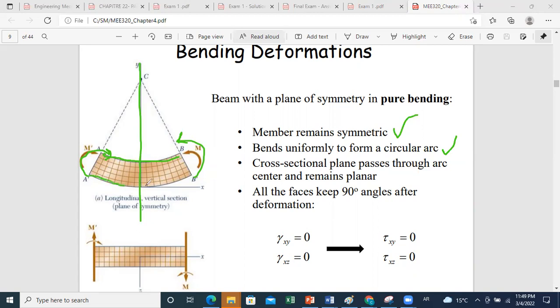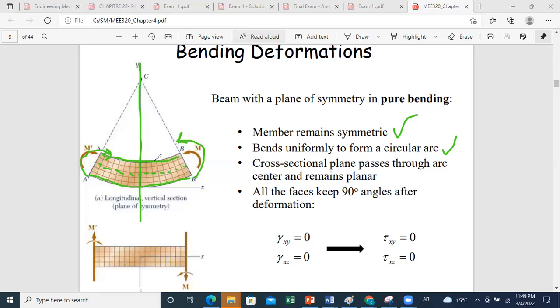This is why the upper part here will be reduced in length, and the lower part will increase in length. And we'll see together that at a certain stage, we have a certain part for which the length will not be affected. This is called the neutral axis. The neutral axis length will remain the same during the bending operation.